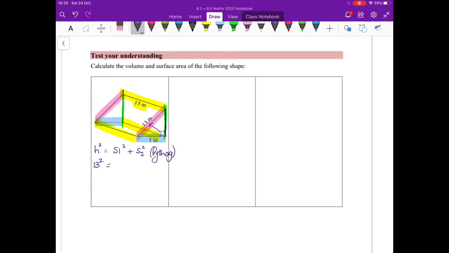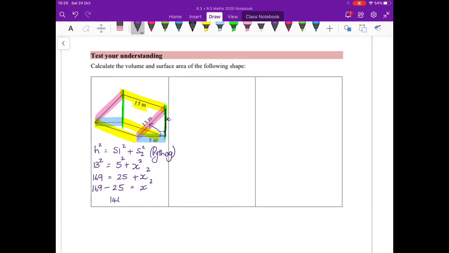So that will be 13 squared equals, side 1 is 5 meters, and then plus, I'm going to call it x. And I'm going to go 5 squared plus x squared. So 13 squared is 169 equals 25 plus x squared. Now I have to take 169 minus 25, so I can get x squared on its own.